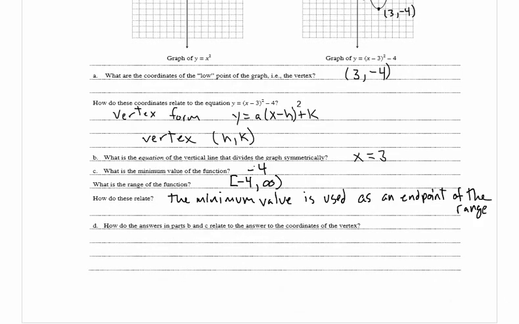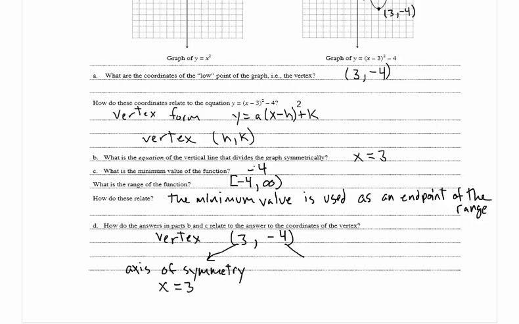In D, they ask, how do the answers in parts B and C relate to the coordinates of the vertex? If we look at the vertex, (3, negative 4), we can see that 3, the x-coordinate of our vertex, is the axis of symmetry, which we found to be x is equal to 3.